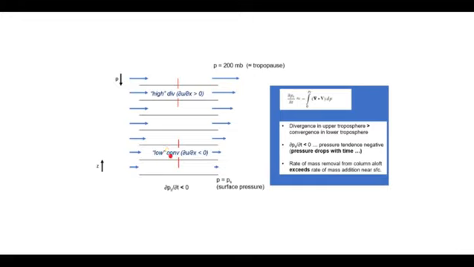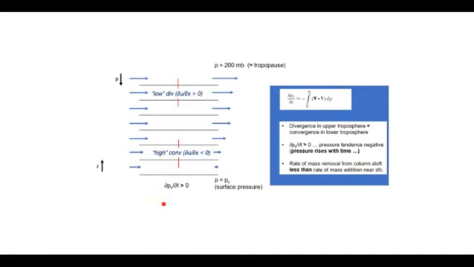The residual of that, when you add up everything in the column vertically integrated, is going to be the total mass change in the column, which is by definition in a hydrostatic atmosphere the change in surface pressure, because that's just the weight of the atmosphere above. So in this situation, divergence in the upper troposphere is greater than the convergence in the lower troposphere. Surface pressure therefore drops with time. The rate of mass removal from the column aloft exceeds the rate of mass addition near the surface. So these are the points we just made.